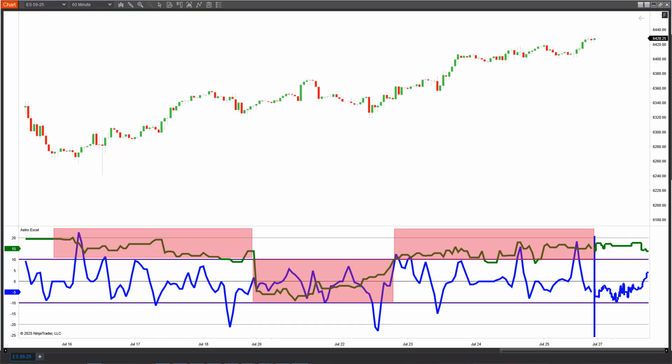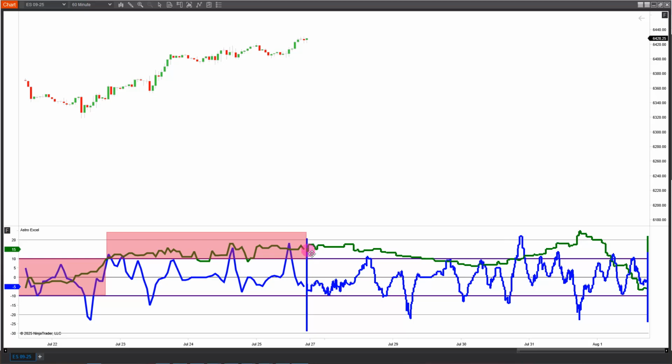Let's take a look at what we have coming up ahead for this week. We're still in bullish mode. Coming into Monday here, we're going to be between the 10 and 20 lines on the positive side until here where we cross below the 10 line at about 1:45 on Monday.